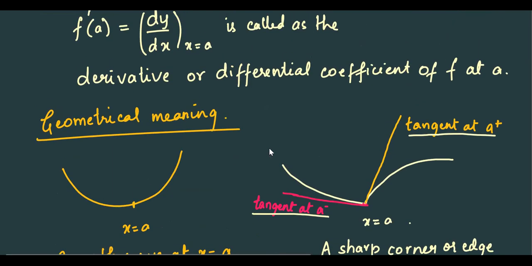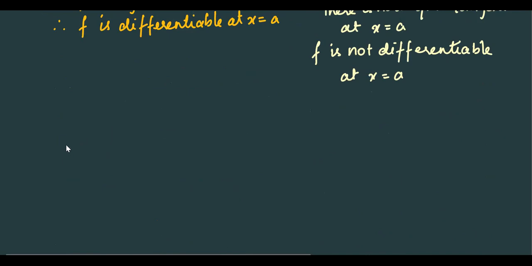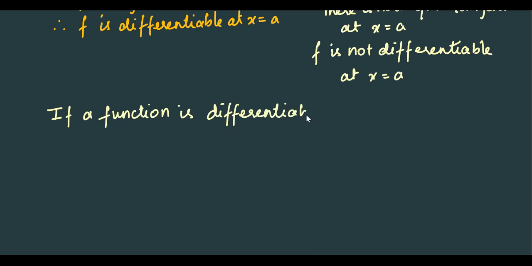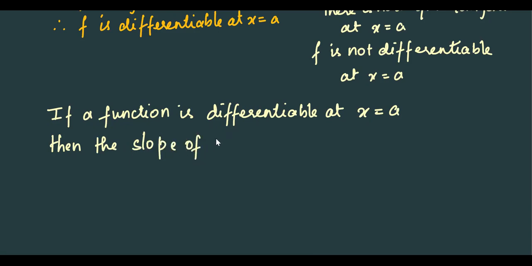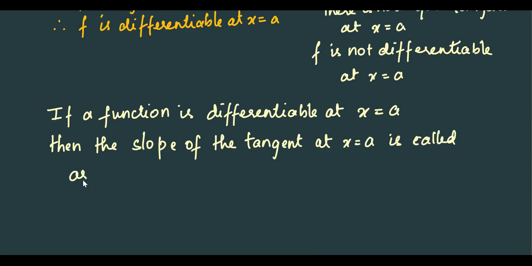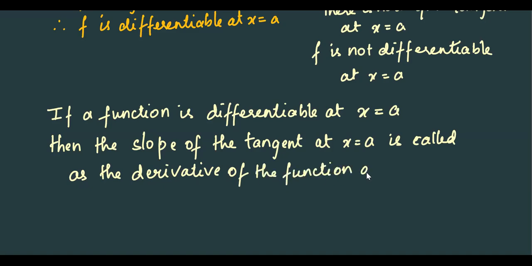Okay, so this is the geometrical meaning of derivatives. And if a function is differentiable at x equal to a, then the slope of the tangent at x equal to a is called the derivative of the function at x equal to a.